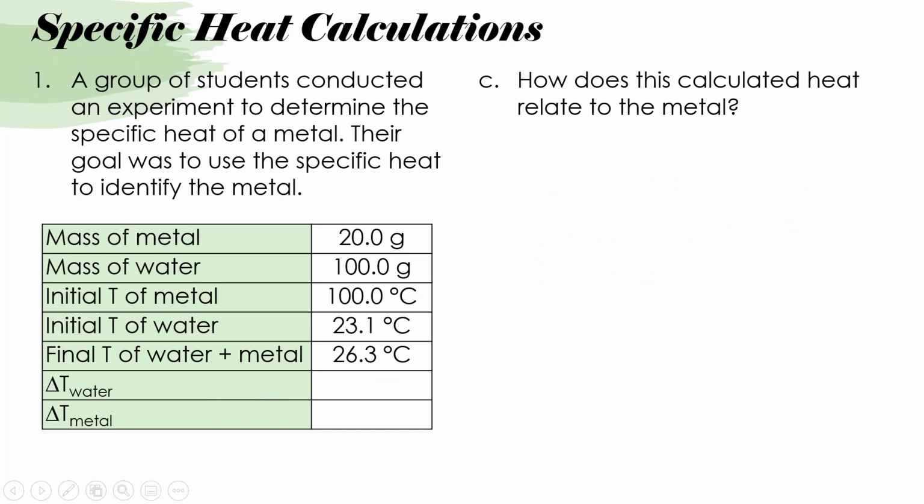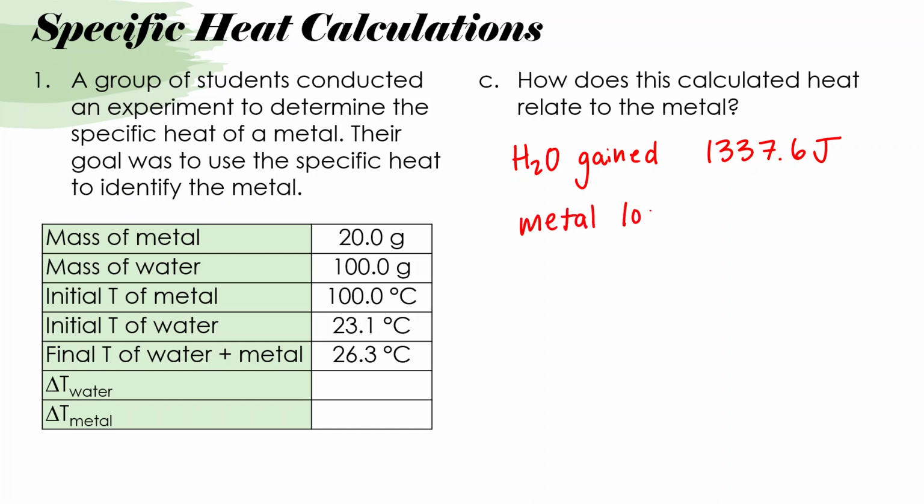So how does this calculated heat relate to the metal? The water gained that 1,337.6 joules, which means that the metal lost the same amount.